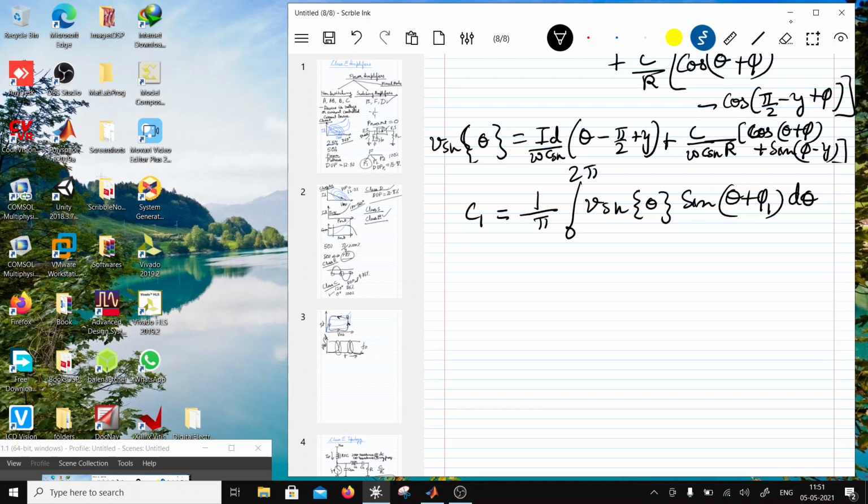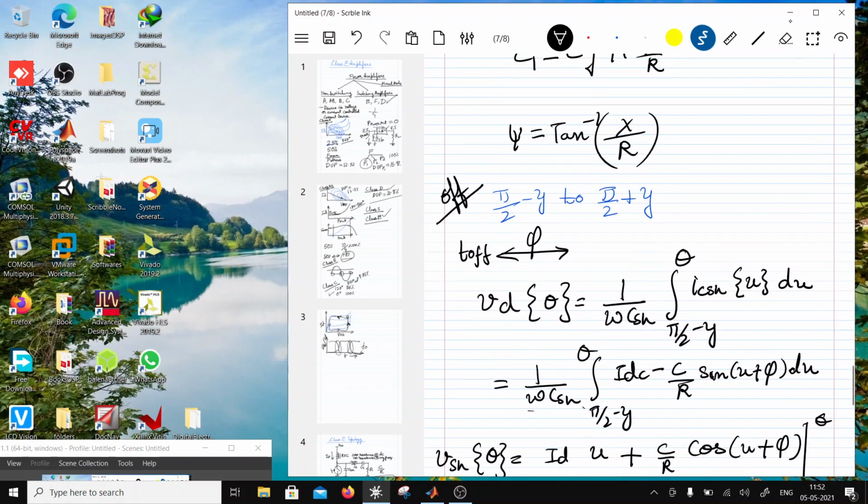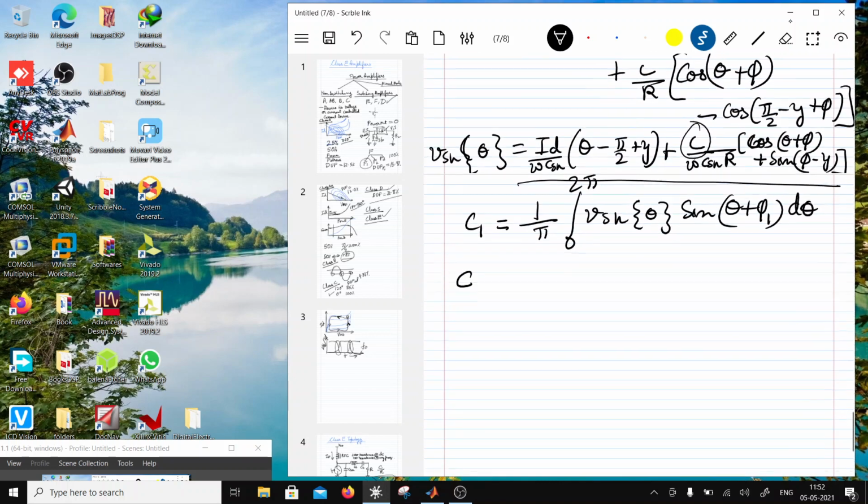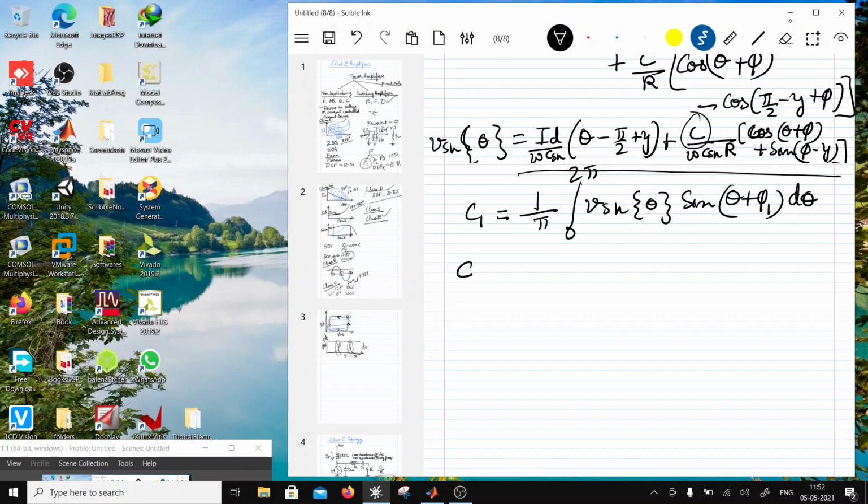If I integrate this, then I will have this in terms of C, so I can determine C from there. From C1 I can determine C, because the relationship is C times square root of 1 plus x by r.